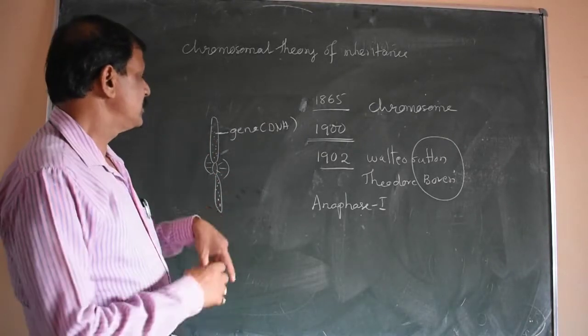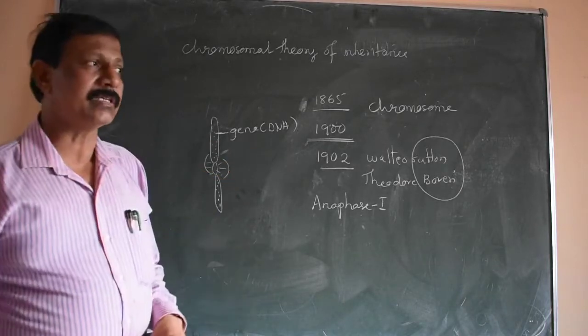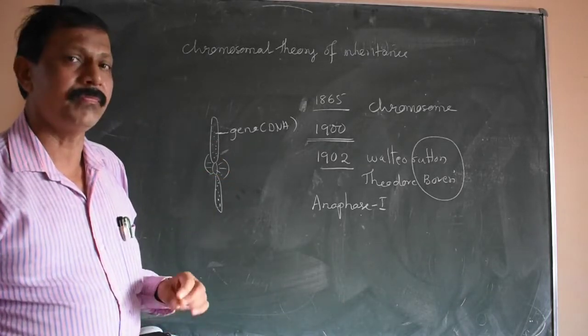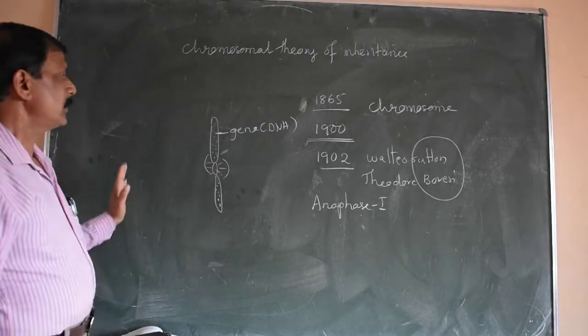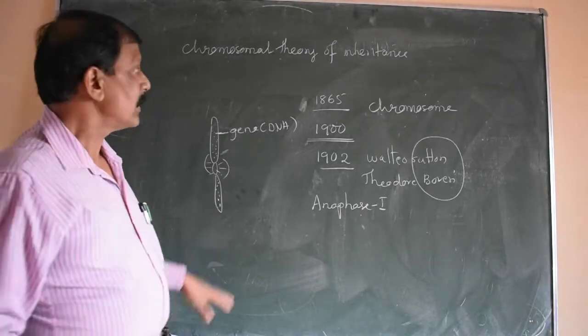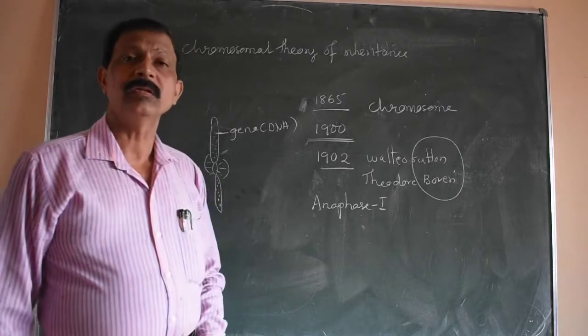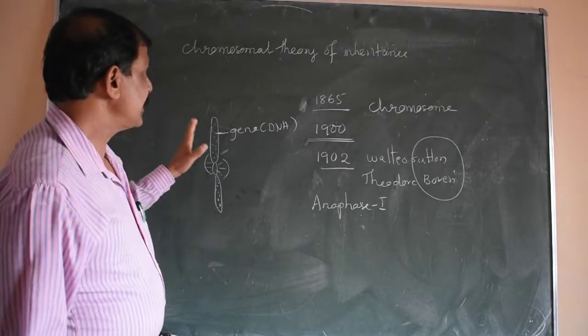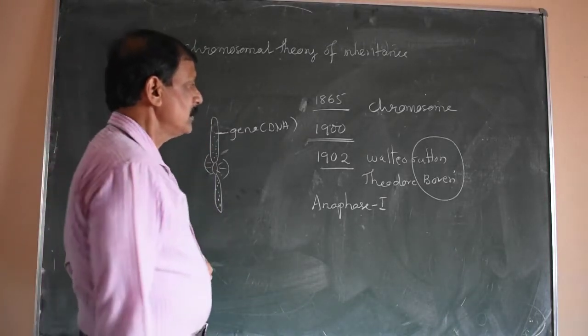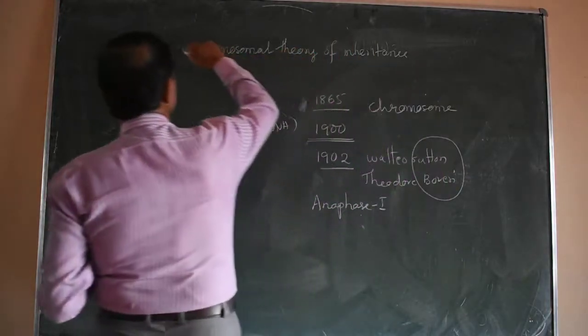So gene chemistry is DNA, and that DNA plays a very important role in the transmission of characters from one generation to another, and that is what is called the Sutton and Boveri chromosomal theory of inheritance.